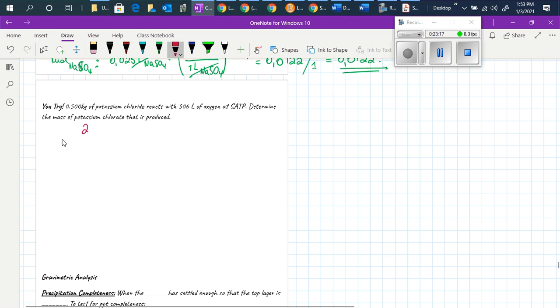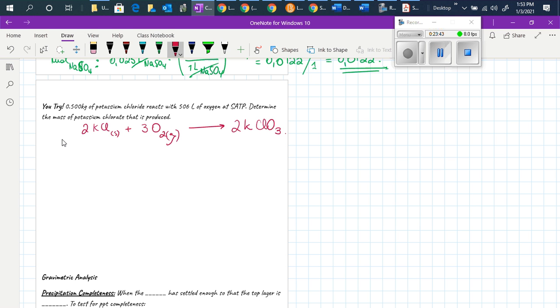I will write the equation: potassium chloride plus oxygen gas, producing potassium chlorate. Okay, so now determine the mass. We are determining the mass of the product.